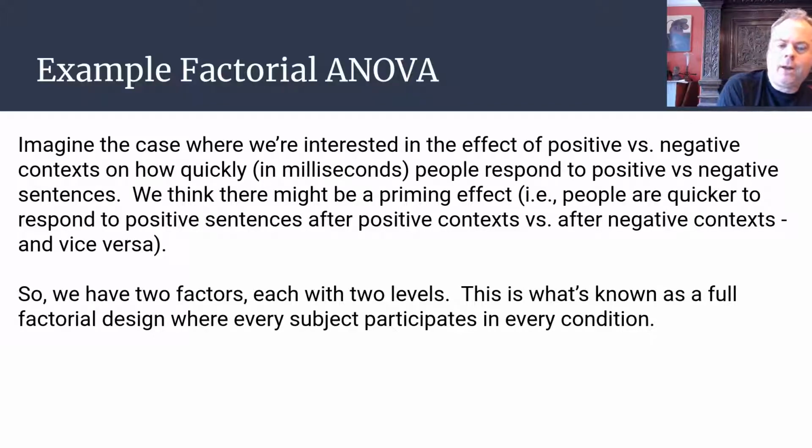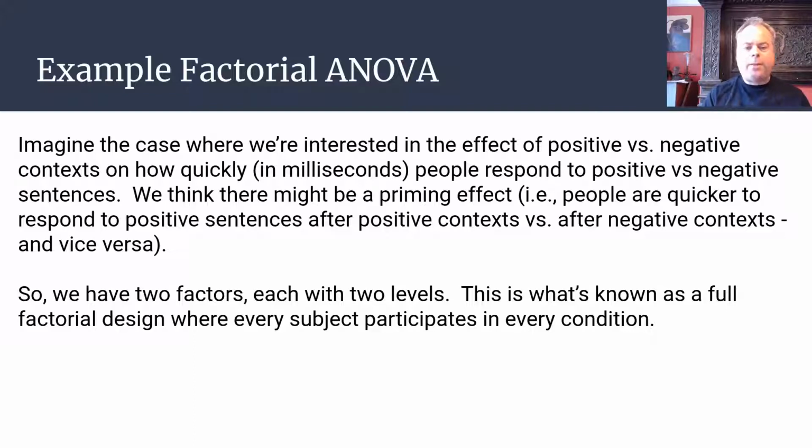Real world data are rarely as clean as those examples. So imagine this case where we're interested in the effect of positive versus negative contexts and how quickly, in milliseconds, people respond to positive versus negative sentences.